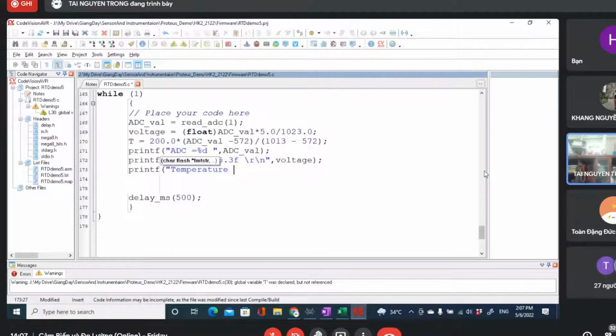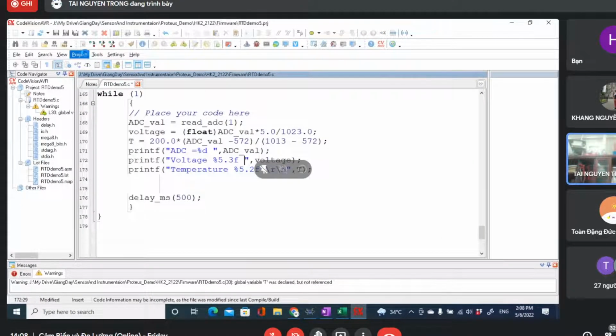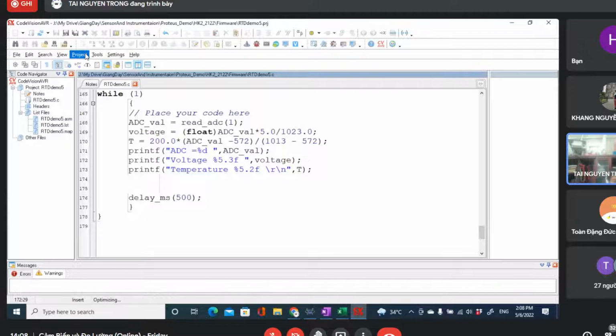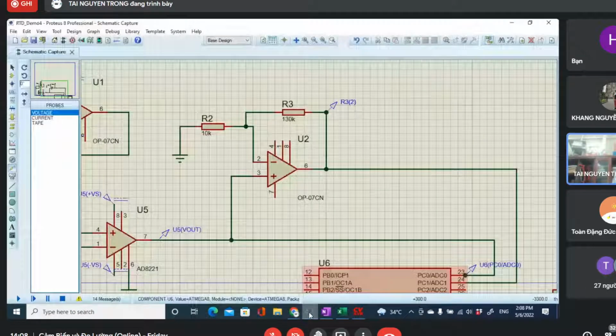Okay, and then we can display the result. Next we check the value of temperature.